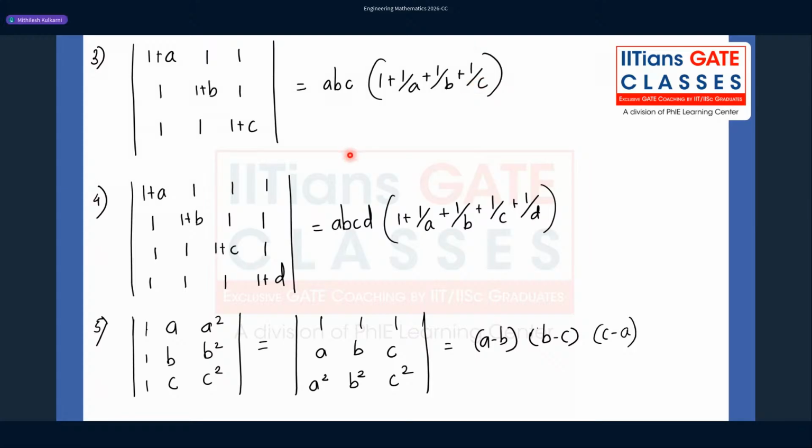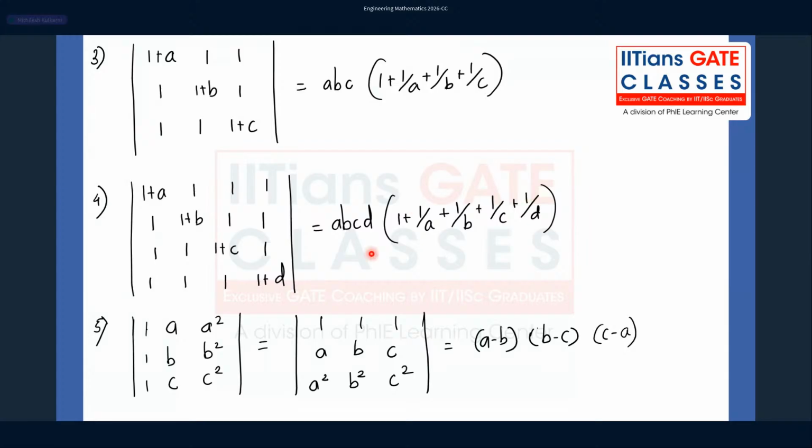And if I add one more column and row here, with 1 plus the d element and other elements 1, then you just multiply abcd and add another term, 1 upon d.